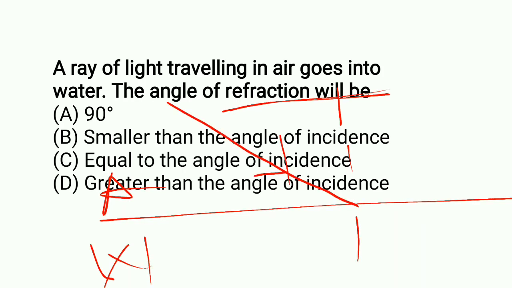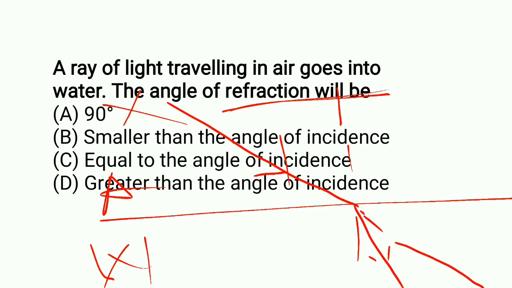The ray of light is traveling from air to water, and this is the actual path of the ray. Air is the rarer medium and water is the denser medium, so the refracted ray bends towards the normal. Option A, 90 degrees?